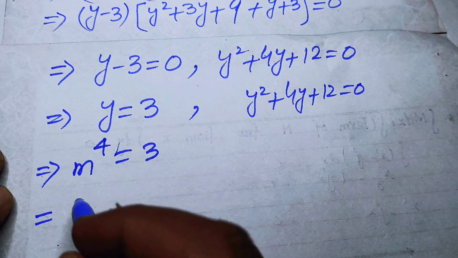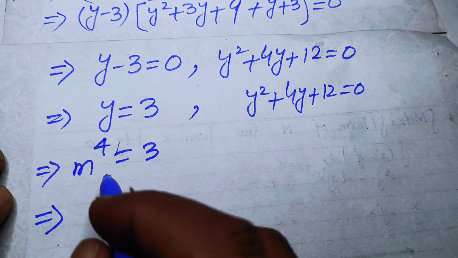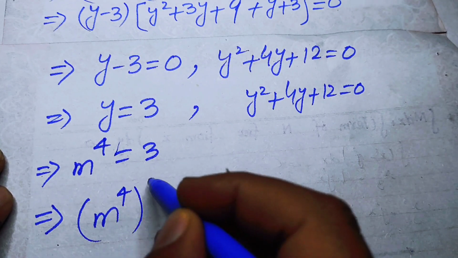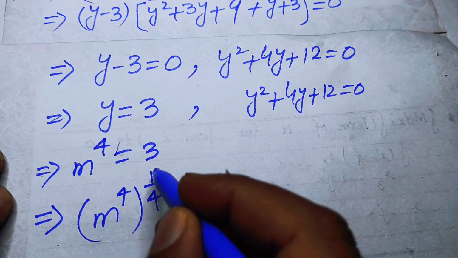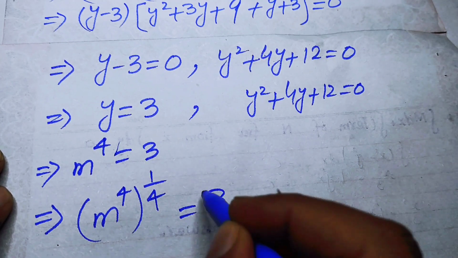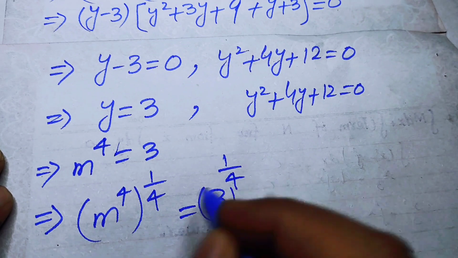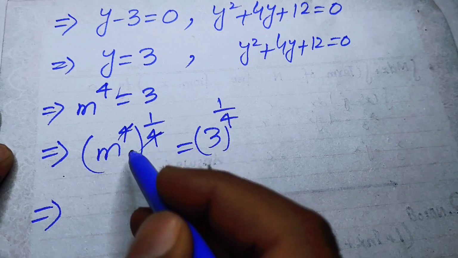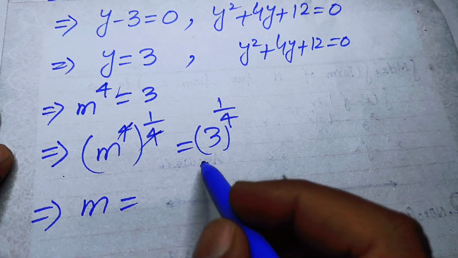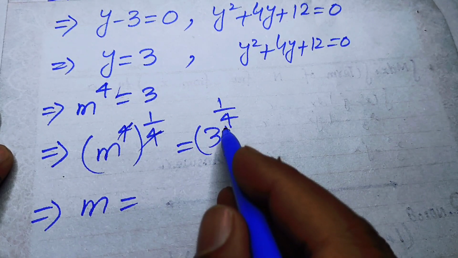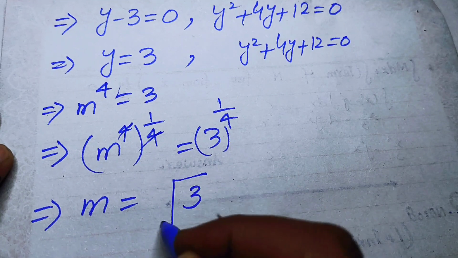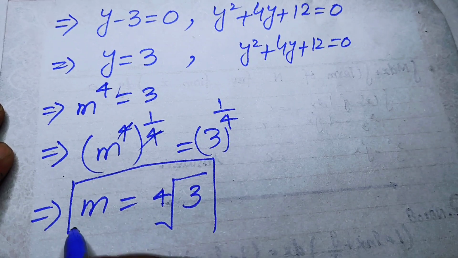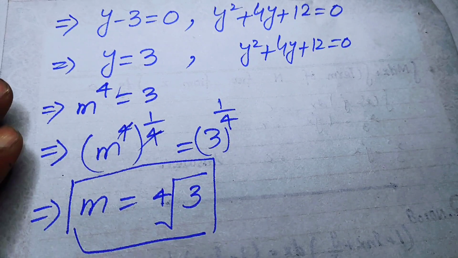Now in order to find the value of m, we take the fourth root on both sides, so it becomes m to the power of 4 whole power 1 over 4 is equal to 3 to the power of 1 over 4, and this 4 is gone, and we obtain m is equal to the fourth root of 3. So this is one solution of the given equation.